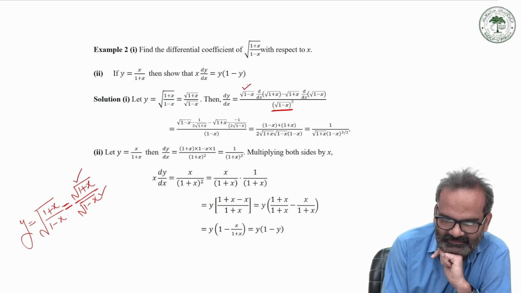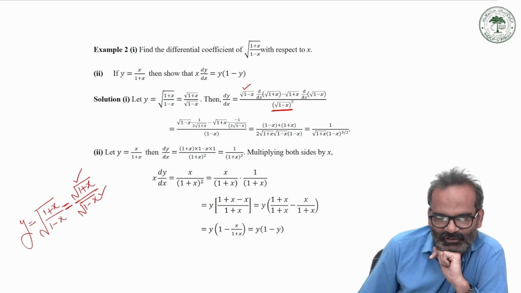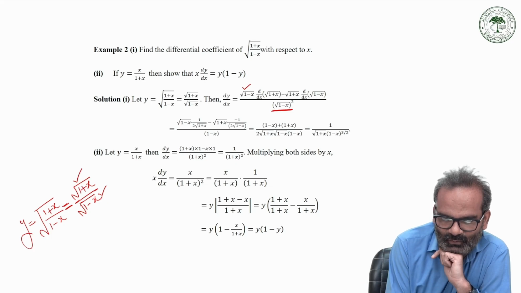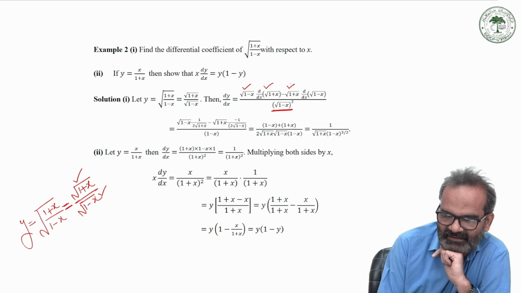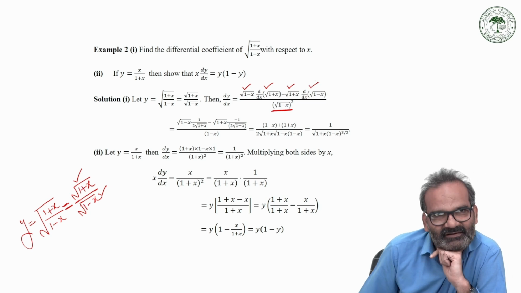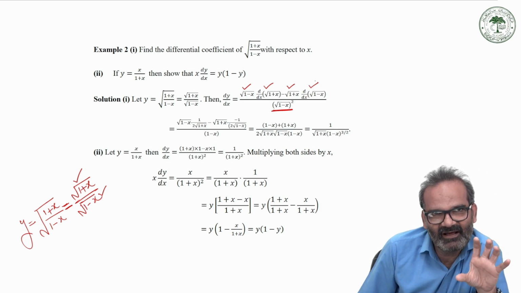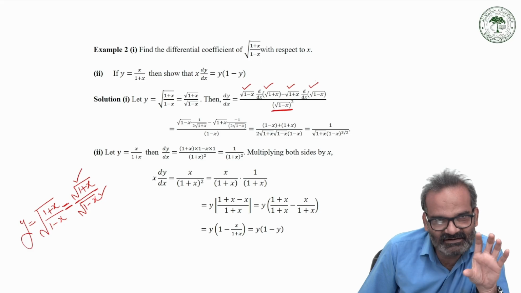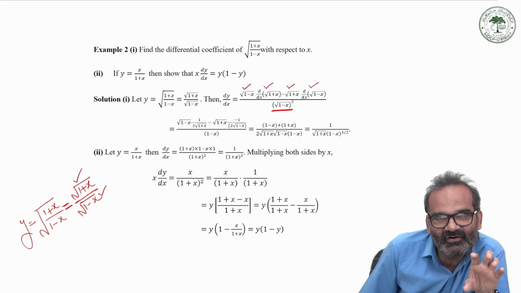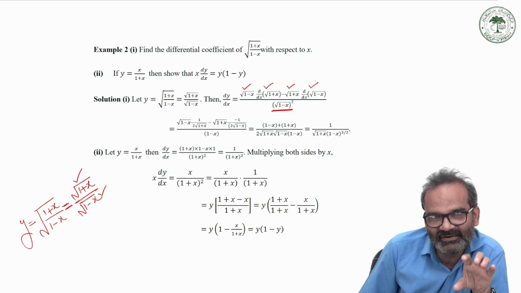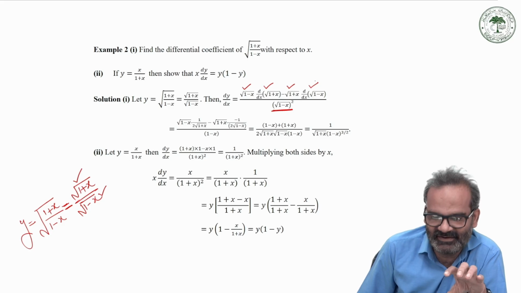This is your denominator into root 1 plus x d over dx of root 1 plus x. This is your numerator minus root 1 plus x is your numerator into derivative of denominator, right? What we have in numerator, that is denominator into derivative of numerator minus numerator into derivative of denominator.